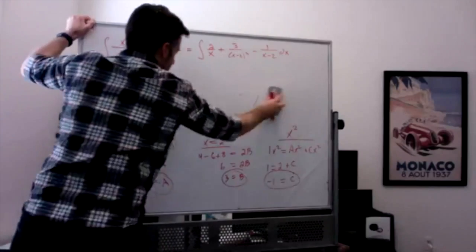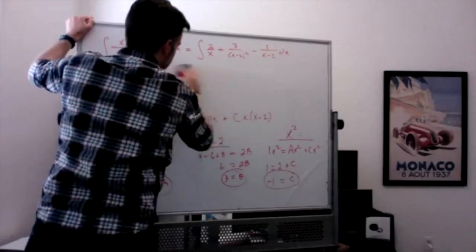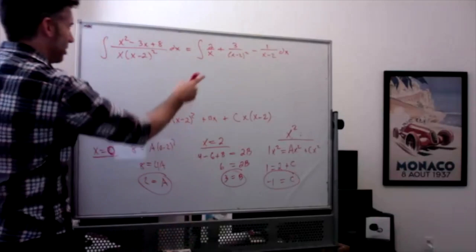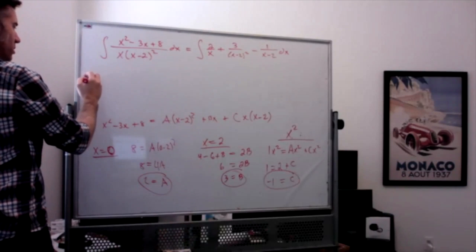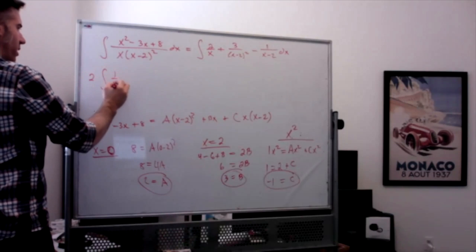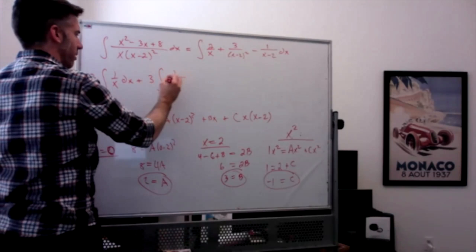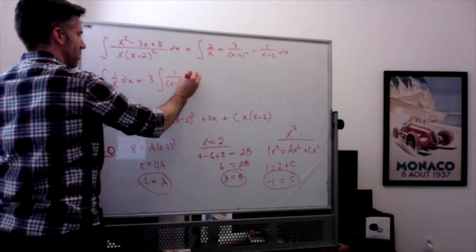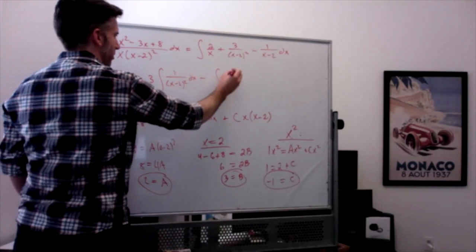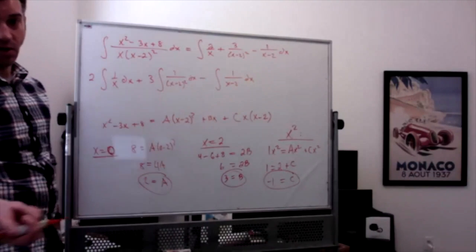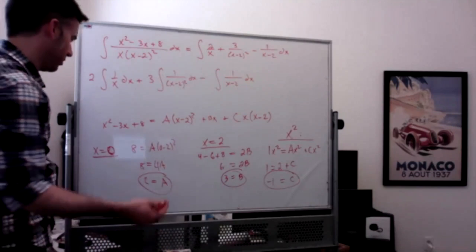You can show a bunch of work here. I don't think you need to, but let me show you the work I'm not usually showing. You can break this up into 2 times the integral of 1 over x plus 3 times the integral of 1 over (x minus 2) squared minus the integral of 1 over x minus 2. I don't think you need to show that step at all, but it's fine if you want to.